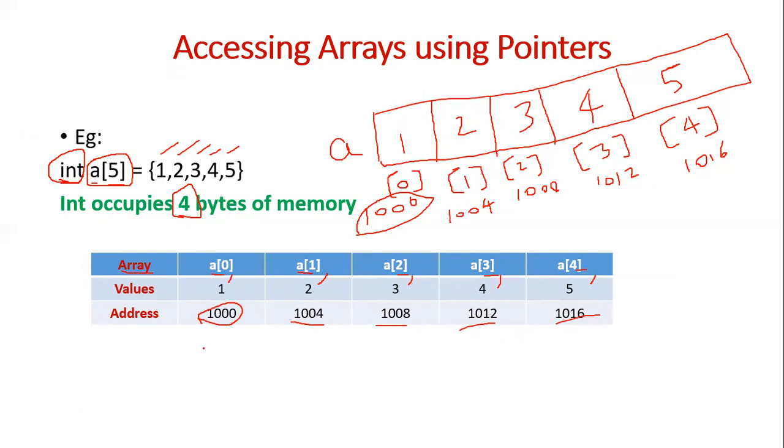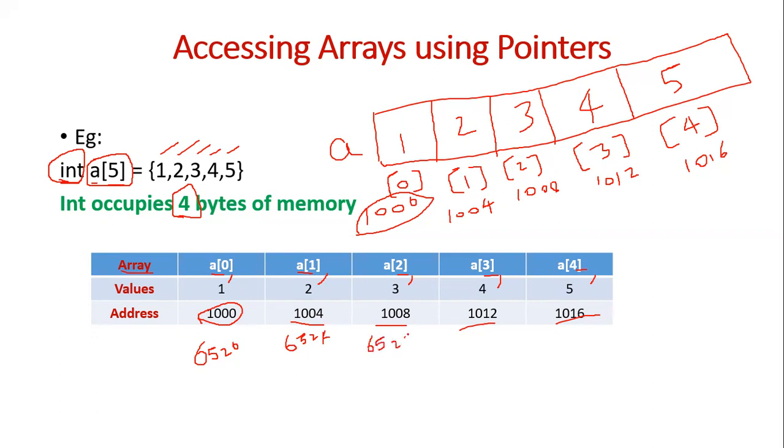If the starting address is known, then you can identify the other addresses if you know the data type of the array. Say if A of 0 is 6520, then what will be A of 1? 6524. Okay. And what will be A of 2? 6528.